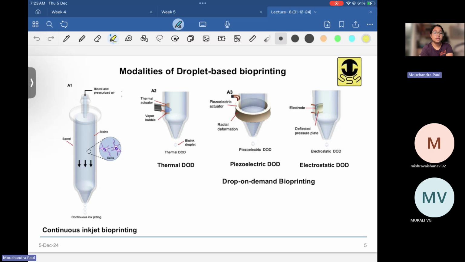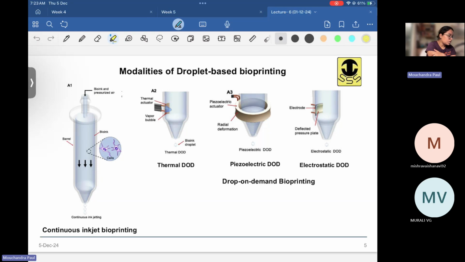So briefly, let me remind you about all the different modalities of droplet-based bioprinting. Okay, so we learned that there were three umbrellas. There was inkjet, acoustic, and valve-based bioprinting. Under inkjet, you can have continuous inkjet bioprinting.